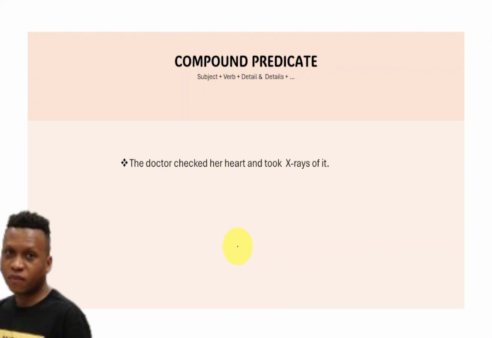So when you take a look, we have a subject, we have the verb, we have the detail, like two of them. So now when you take a look, we have two verbs right here and right here. Okay, now in this case we talk about the predicate.